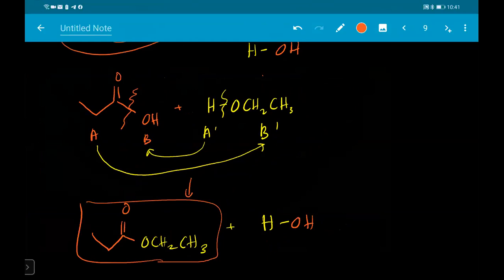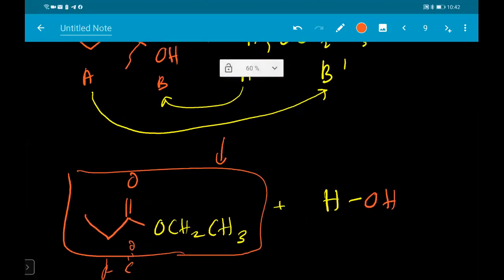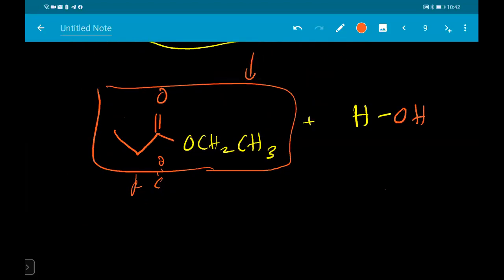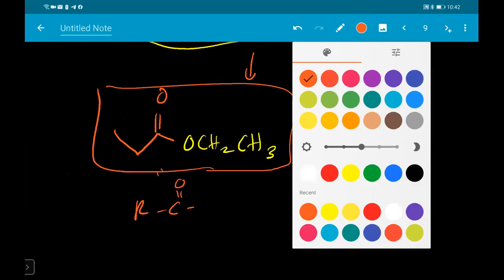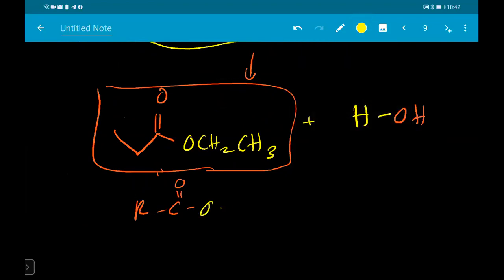Tengok, this is R C double bond O attached to O, R C double bond O attached to OR. O attached to R. Ni compound apa ni? Okay, Aisyah, Akilah betul. Both this is ester, betul. Correct. Yet another carboxylic acid derivative.